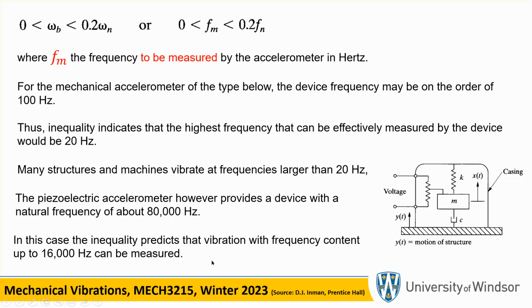Here's what I mean. If you're using a piezoelectric accelerometer, and the base vibrates harmonically at a frequency up to 16,000 hertz, you can actually pick up that signal and use the accelerometer to predict the acceleration correctly.